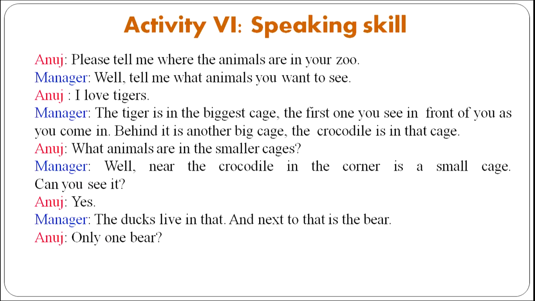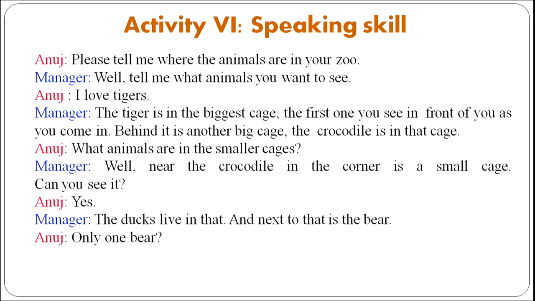Next activity, speaking skill. This conversation or dialogue role play is based on what we saw in the virtual zoo. You can have some other conversation done. You can have a different kind of role play based on this virtual zoo.